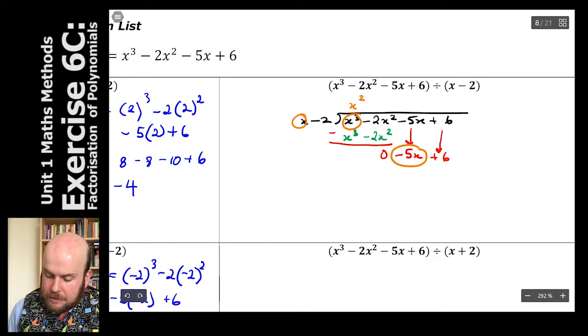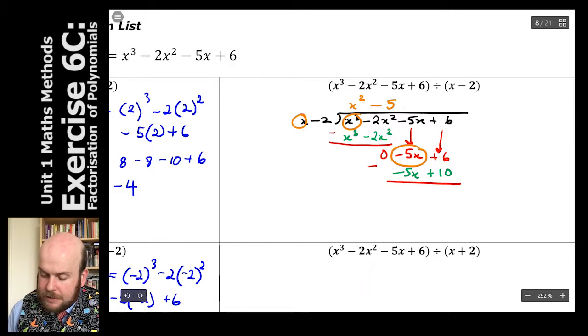So x divided into negative 5x is going to make that minus 5. And then we'll multiply that. Negative 5 times x is negative 5x. Negative 5 times negative 2 is going to make that positive 10. Negative 5x take away negative 5x is 0. 6 take away 10 is equal to negative 4.